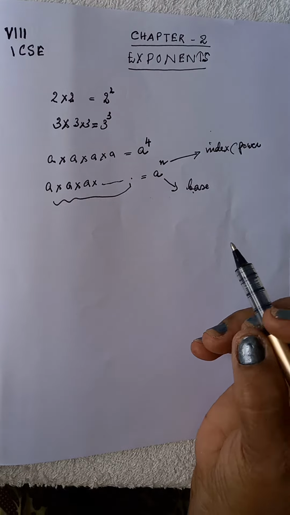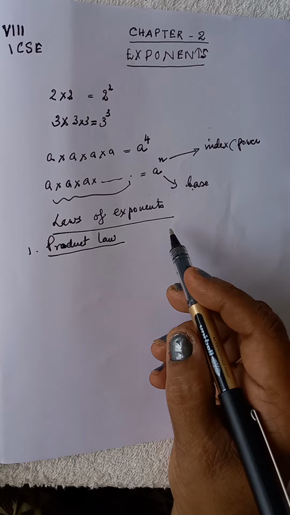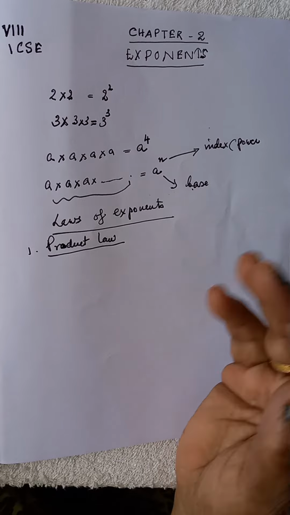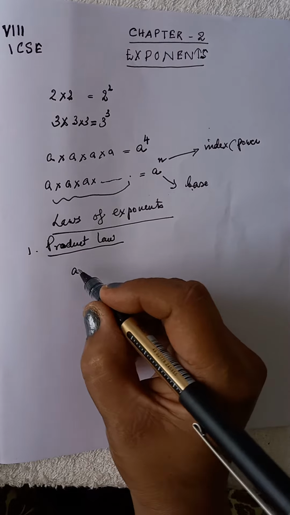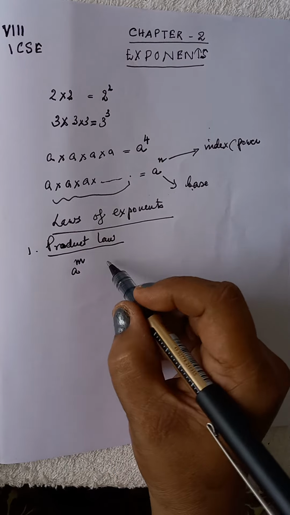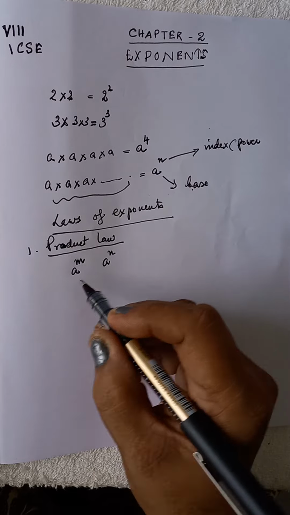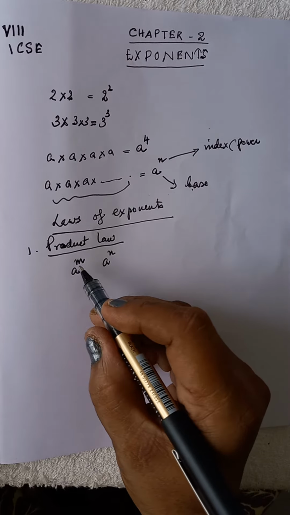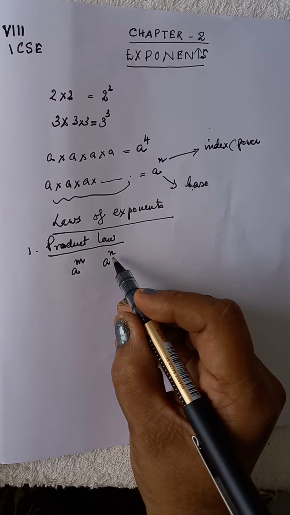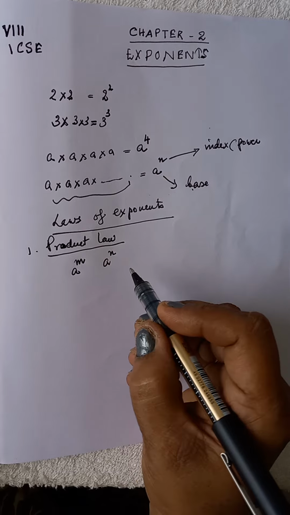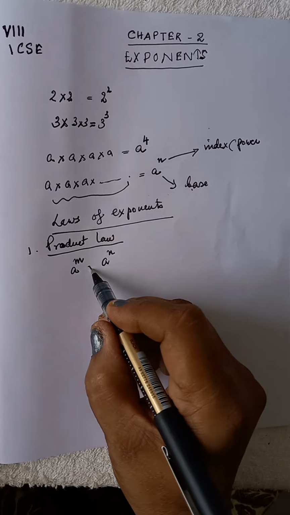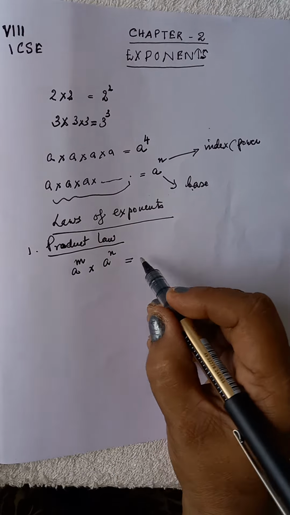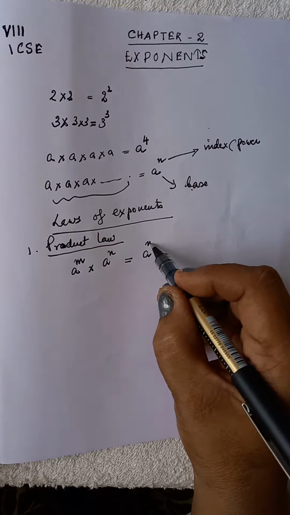Then there are certain laws of exponents for integral powers. The first law, that is, if you take A raised to m and A raised to n, here A is the base and here m is the power, here n is the power. So if you take this A raised to m into A raised to n, then that is A raised to m plus n.